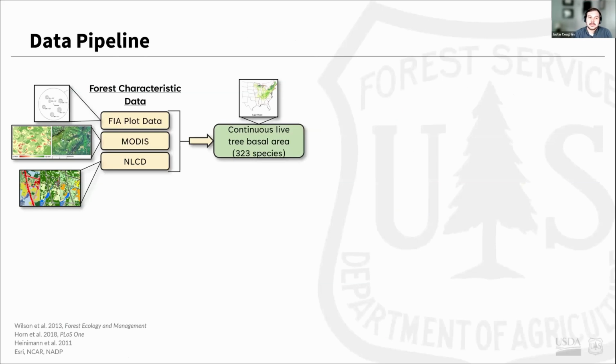Looking at the data pipeline of what we folded into this study, we used the national level FIA plot level data. We also pulled in continuous live tree basal area estimates from, if you caught any of the big map presentations earlier today, a previous iteration of that, but looking at basal area rather than aboveground biomass. We use that as a live tree proxy for species range, as well as the basal area itself. Here we're using a static forest cohort, so there weren't any underlying dynamic vegetation models that went along with this.